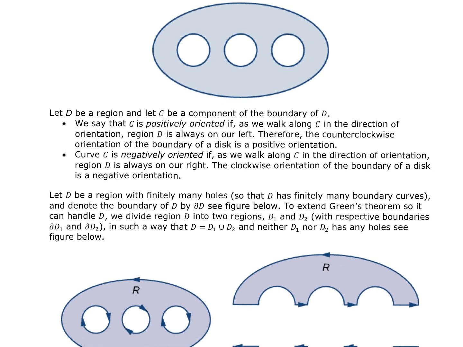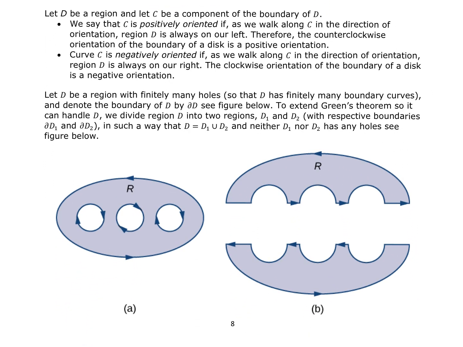We're going to let D be a region with finitely many holes, so that D has finitely many boundary curves, and denote the boundary of D by partial D. See this below.